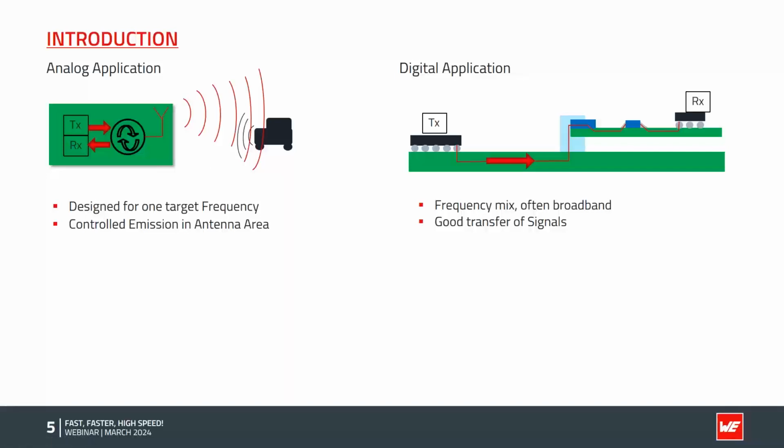So the signals are leaving the board. In contrast to that, in the digital area, we want to have a good transfer through the board. The signals should go through the board with as little loss as possible.